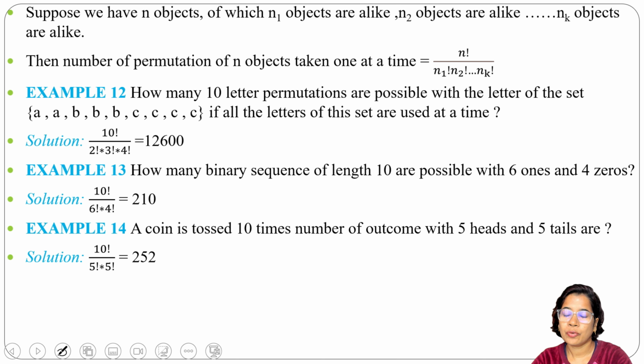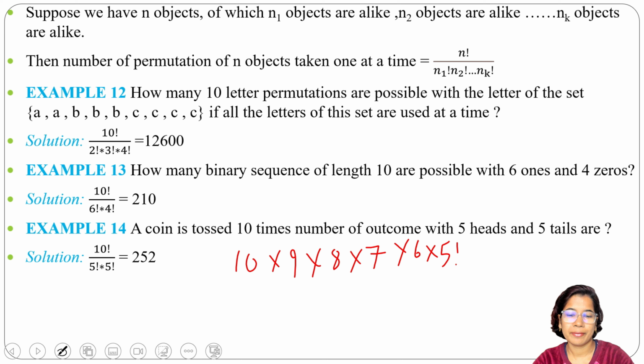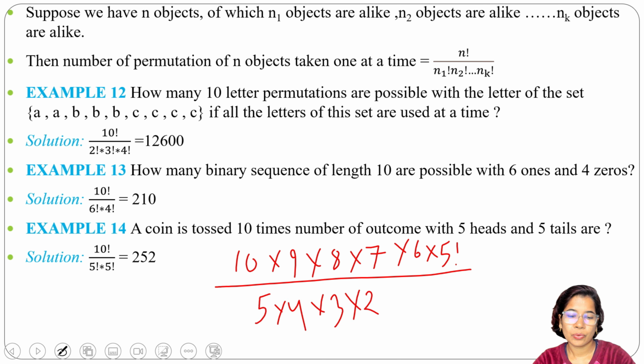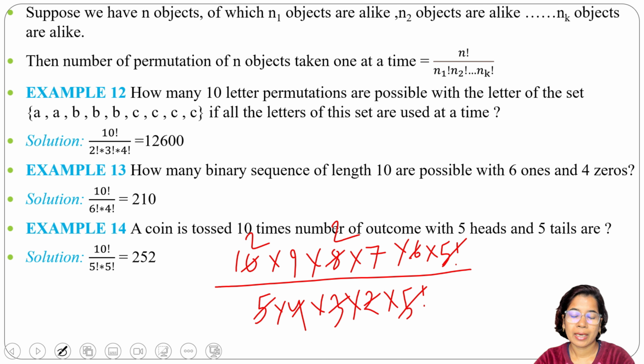It will be 252. 10 multiplied by 9 multiplied by 8 multiplied by 7 multiplied by 6 multiplied by 5 factorial, divided by 5, 4, 3, 2 multiplied by 5 factorial. This 5 factorial cancels, then 3 and 2 cancel with 6, 4 here gives 2, 5 here gives 2. So 2 multiplied by 9 multiplied by 2 multiplied by 7.